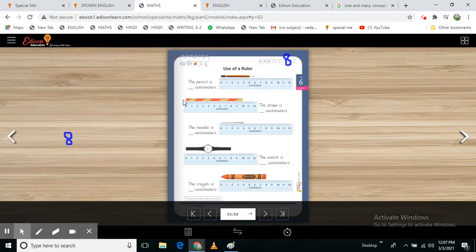Okay, so students, today you have to measure some objects with the help of the ruler. Okay, and then you are going to write down in your maths notebook, right? You can measure pencil, watch, crayon color, straw like this.